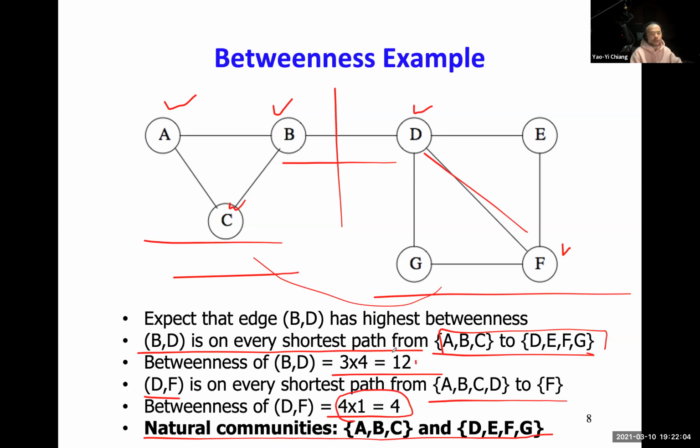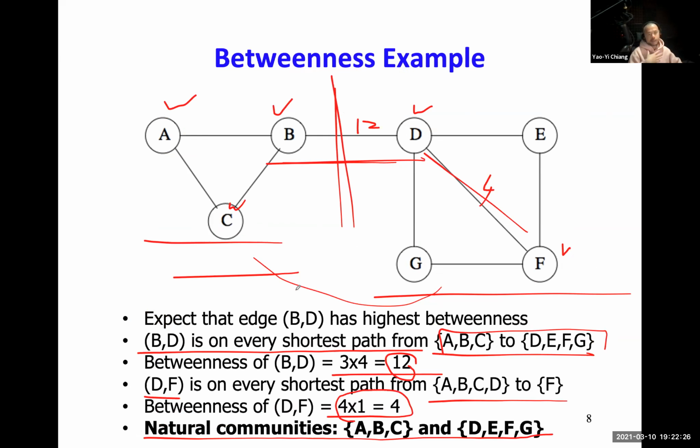So this is just to compare these two numbers to show you that 12 is really large compared to this one. So this one will be the highest one, and we want to cut it here to form two communities. So far, I showed you the desired output, the output that we are looking for, densely connected nodes.